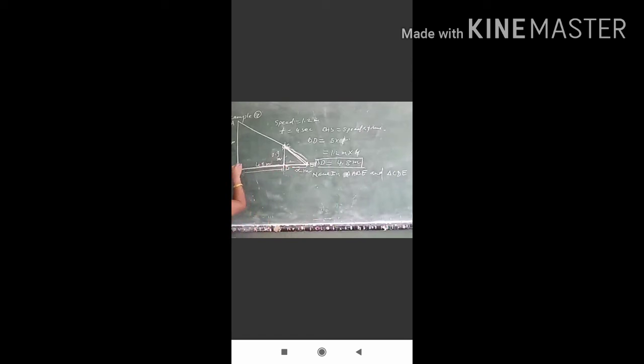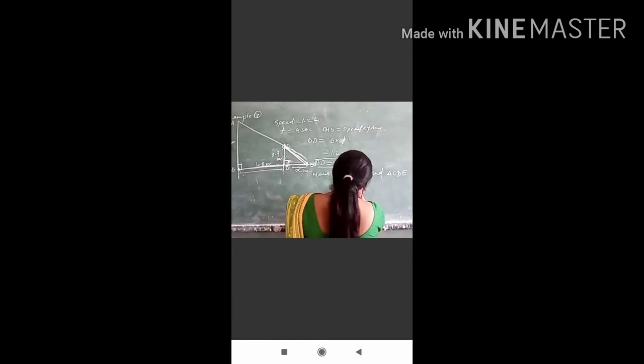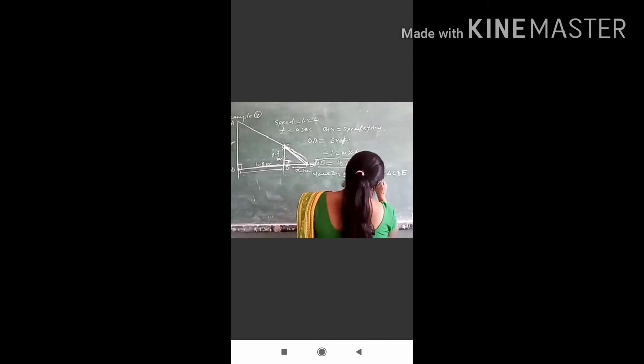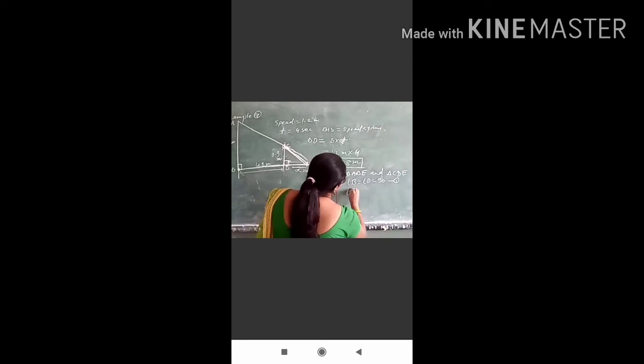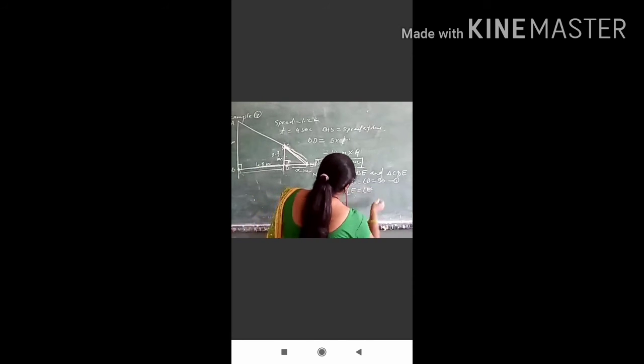Because the lamp post and the girl are both standing totally vertically, both are 90 degrees. So angle B is equal to angle D is equal to 90 degrees, because the lamp post and the girl stand vertically straight.